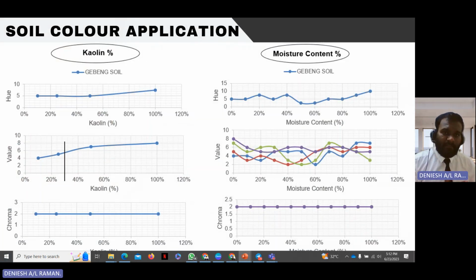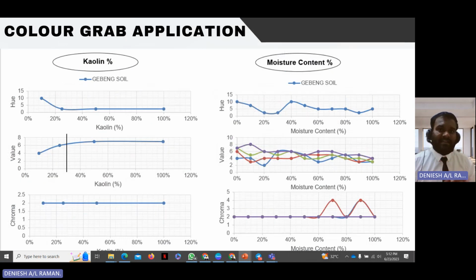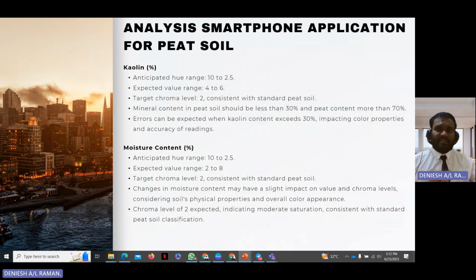So we use the same soil color application on Gebeng soil and use the color grab application on Gebeng soil. From here, we can see this application can determine that the Gebeng soil is peat soil by the hue range of 10 to 2.5, expected value range of 4 to 6, and the consistent chroma level of 2.